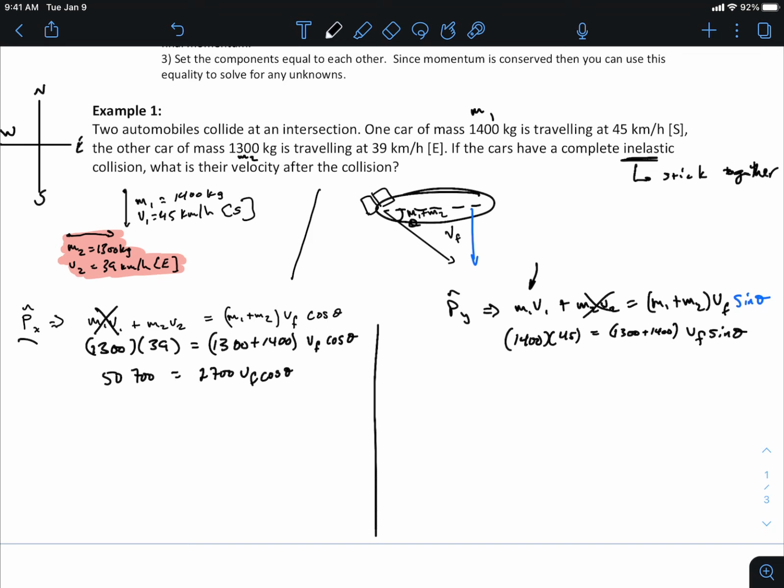Then we'll go to the other side and just do the math there. 1,400 times 45 should be 63,000. Has to equal, again, the 2,700 VF sine theta.